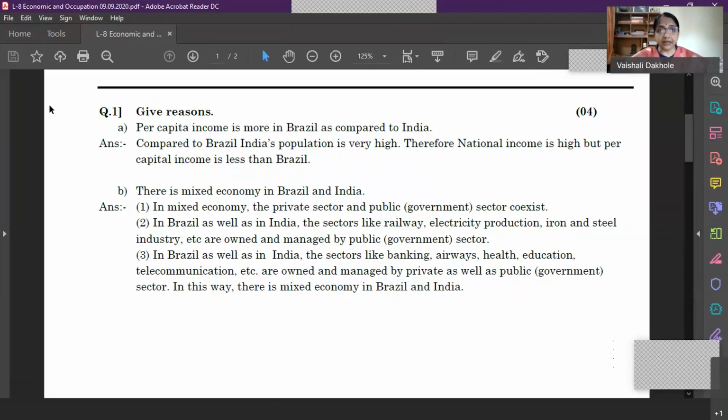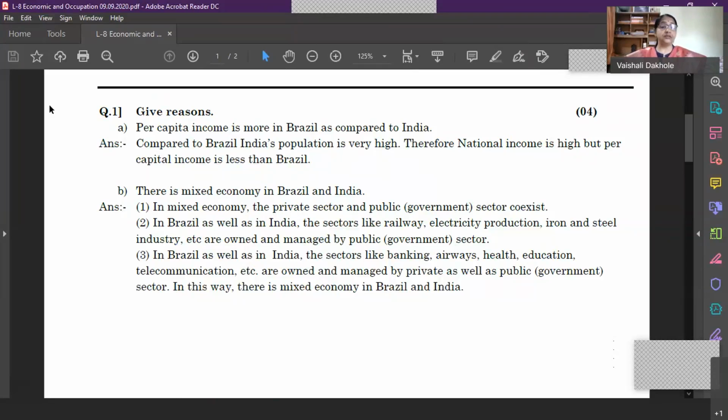Naturally, the per capita income, that means per person income, of India is less compared to per capita income in Brazil, because whatever is the national income of Brazil, it will be getting divided among only 23 persons per square kilometer. Therefore the per capita income of Brazil is high compared to India, though national income of India is high compared to Brazil. I hope this is clear to you.